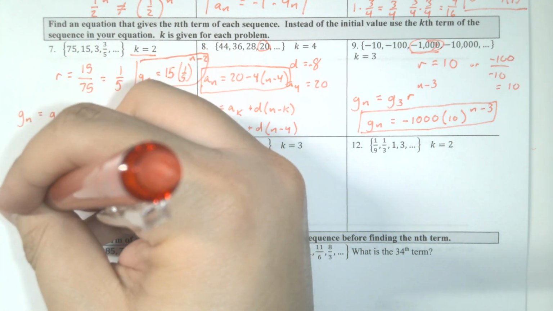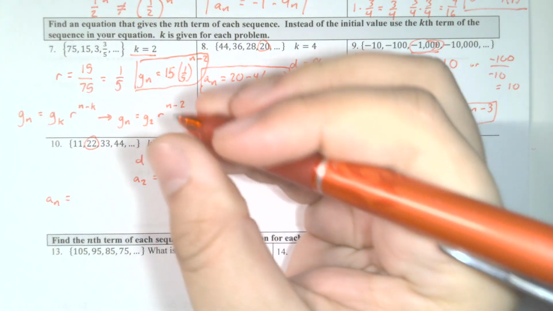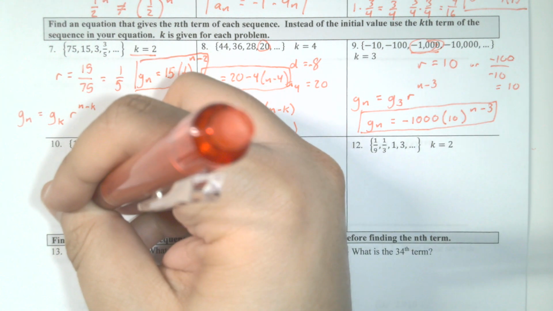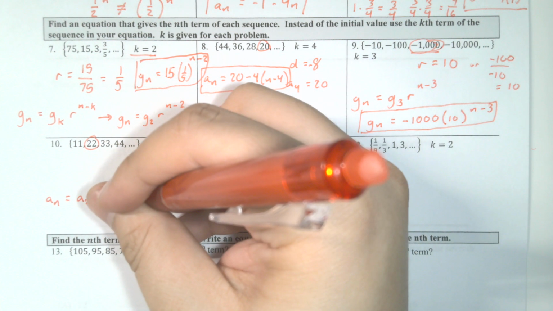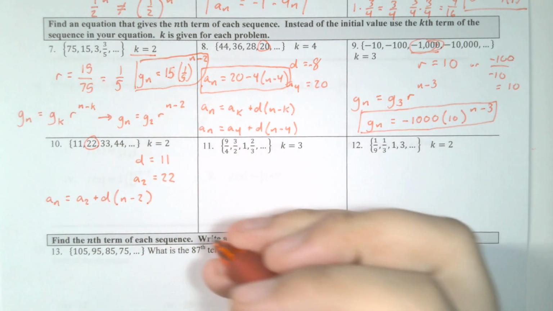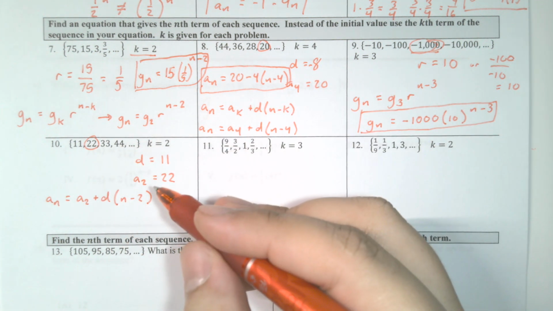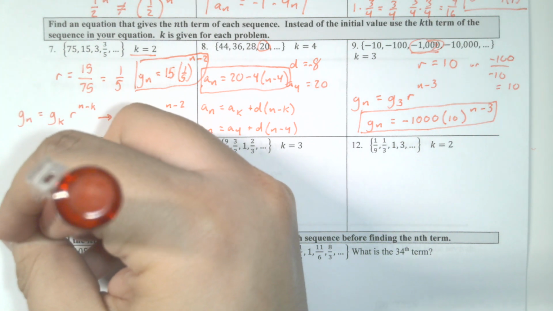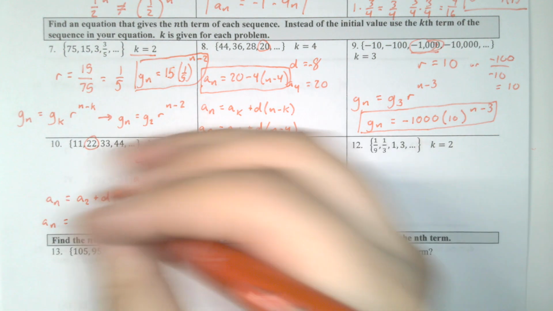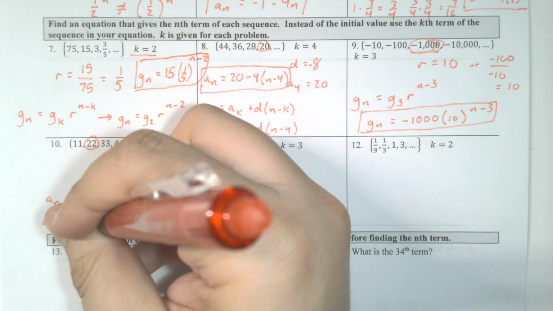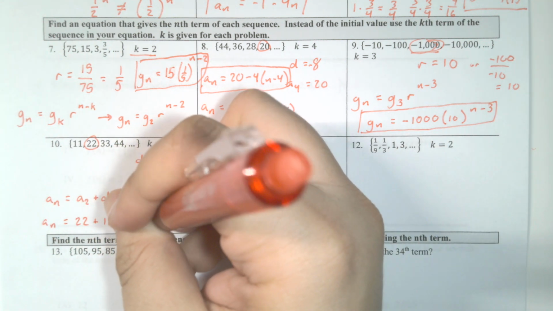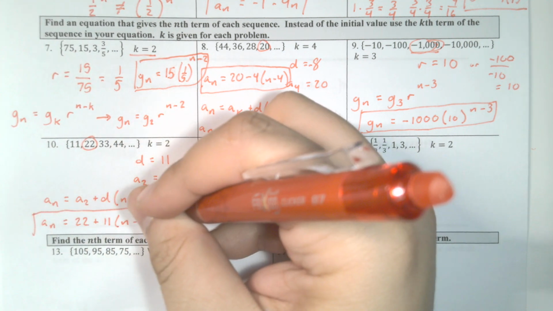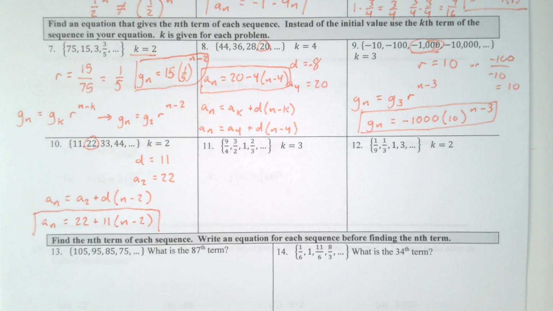Our general formula is going to be a sub n is equal to a sub 2 plus d times n minus 2. Piecing this together, we have a sub n is equal to 22 plus 11 times n minus 2. And there we go. Okay, what about this next one?